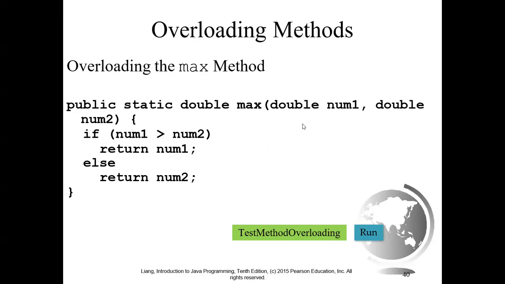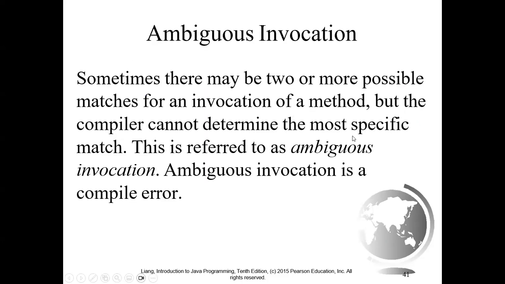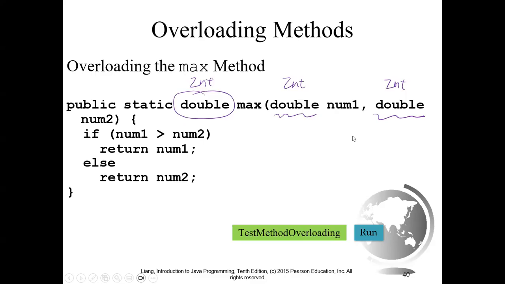Suppose here, what we have changed? We changed number 1 and number 2 to be double. And the return type is also changed into double. We previously used the integer, right? int. However, here we're using the double. These two things can appear in the same program and we can still run.